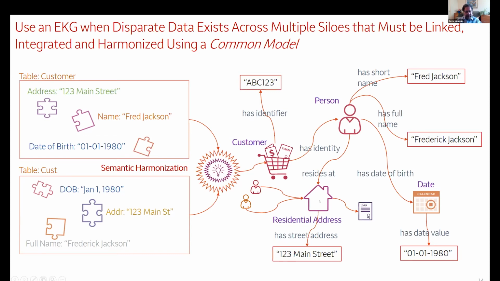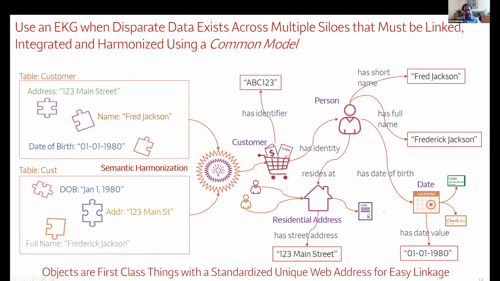So the knowledge graph is very smart because it allows you to focus on a particular named entity and query it for its relationships. Likewise, you could query a date. A date could be persistent across the enterprise and you could ask the date for all of the transactions where it has occurred.